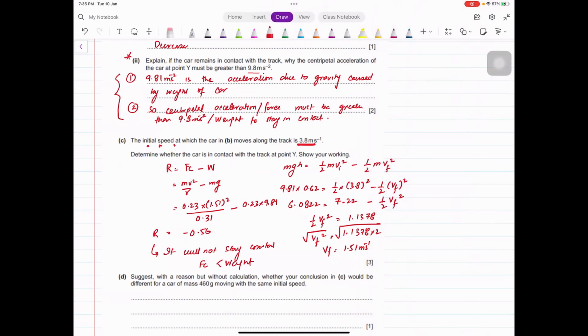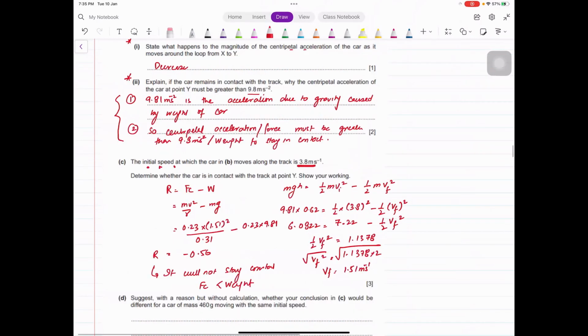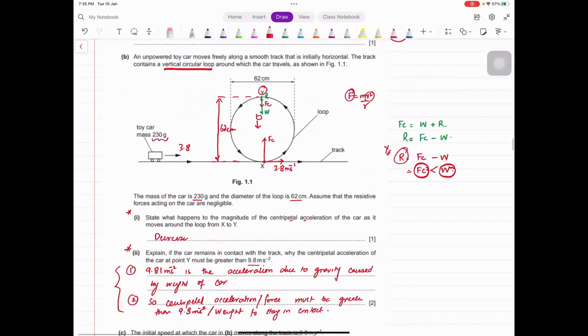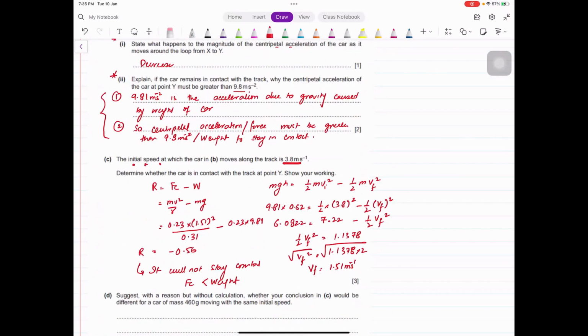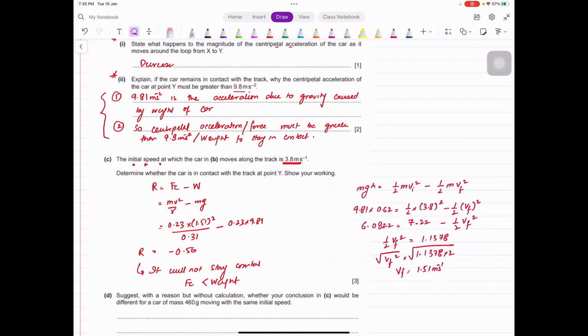So you found the speed at which point? At the height, that's the y. At y, right? So basically, if you're confused about how I got this equation that I made, I'll tell you why. This is basically the gravitational potential energy that was gained, which should be equal to the kinetic energy initial minus the kinetic energy that was left, that is final.